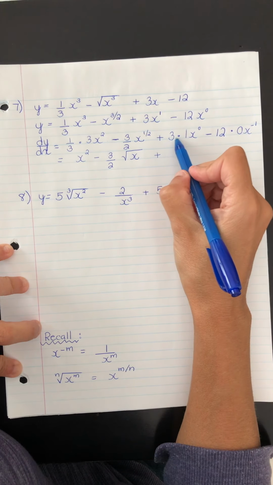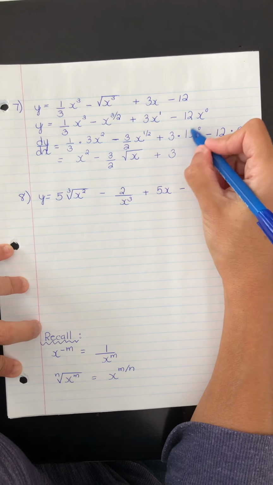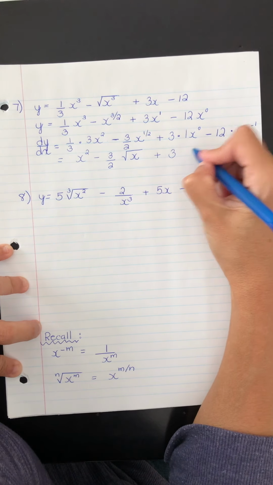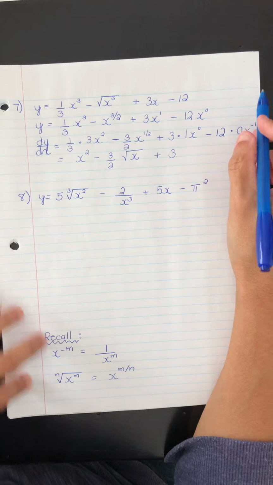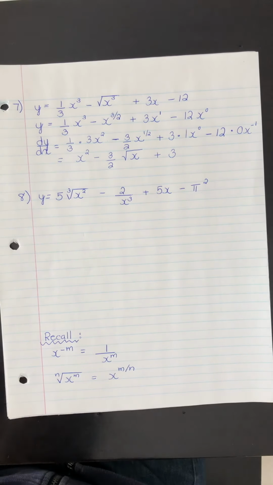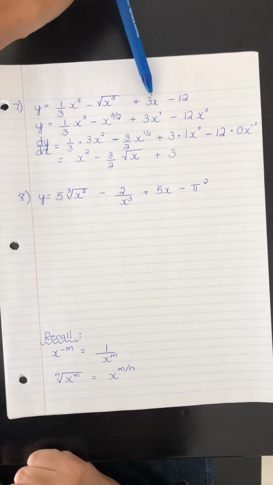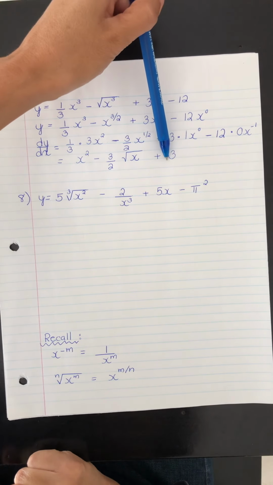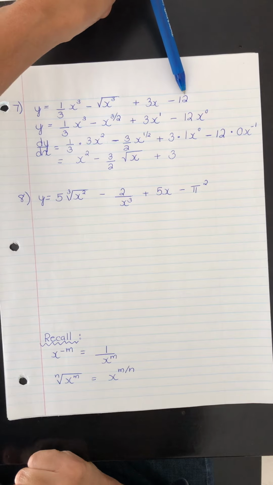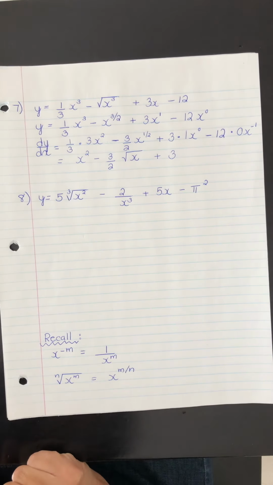Plus 3, because this is 3 times 1, minus 0. So here is our full derivative. It's x squared minus 3/2 times the square root of x plus 3. Okay, so the derivative of 3x is 3. The derivative of the constant negative 12 is 0.